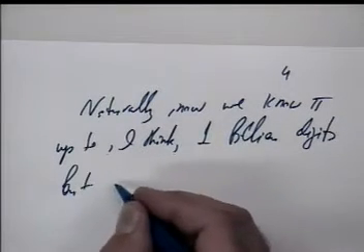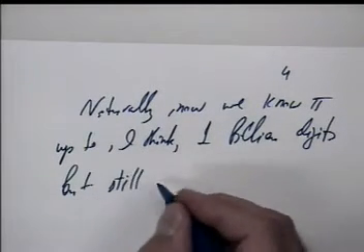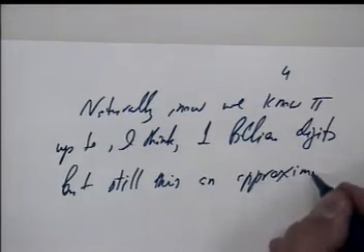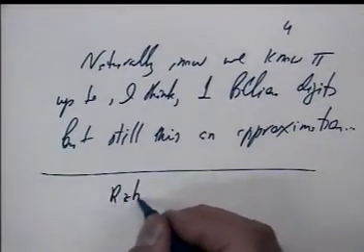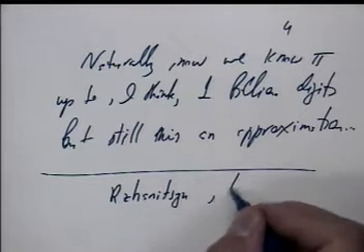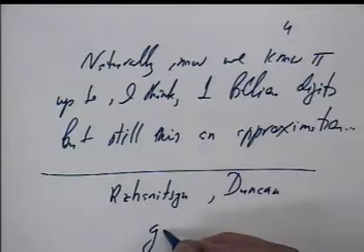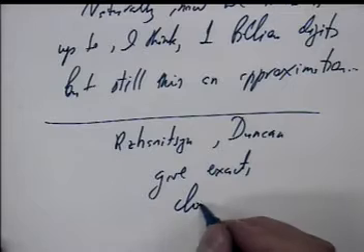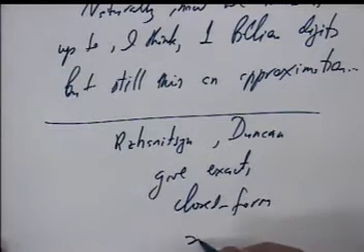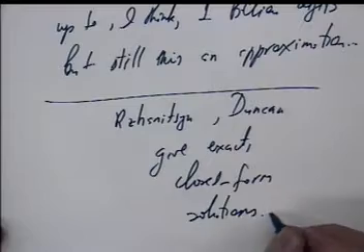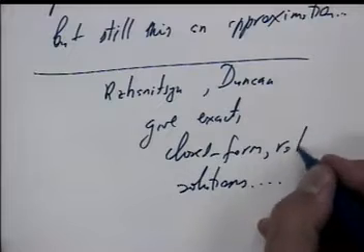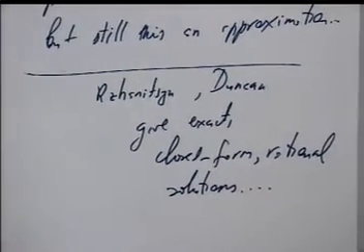But still, this is an approximation. Whereas Zhanitsin and Duncan give exact closed form solutions. I mean, let us say closed form rational solutions.